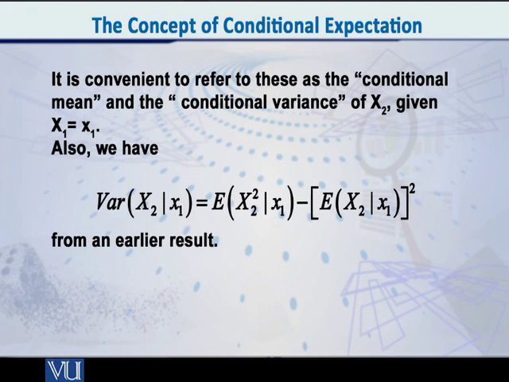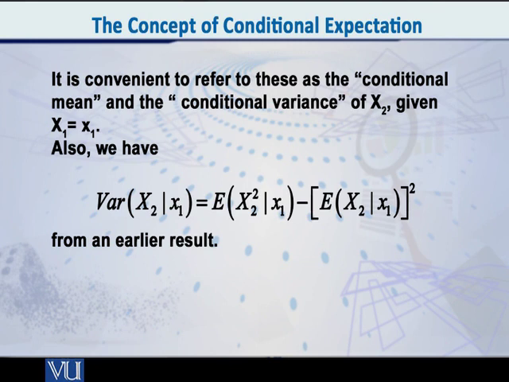अगर हम शॉर्टकट फॉर्मूले के हिसाब से चलें तो हम लिख सकते हैं variance of capital X2 given small x1 is equal to the expected value of capital X2 square given small x1 minus the expected value of capital X2 given small x1 whole square.